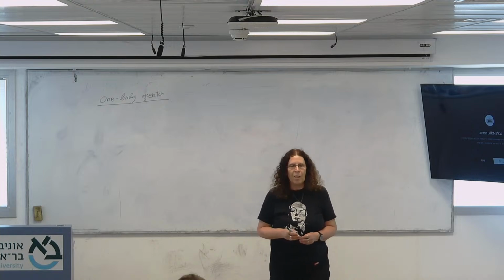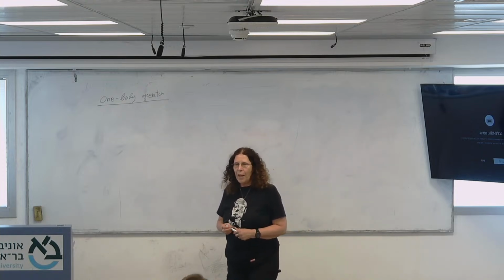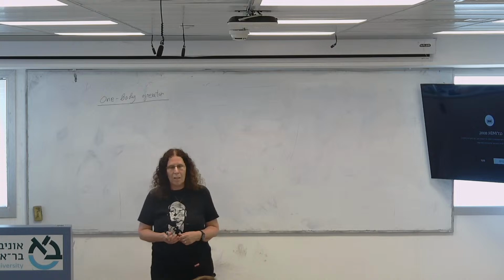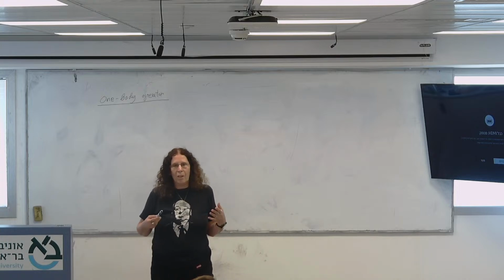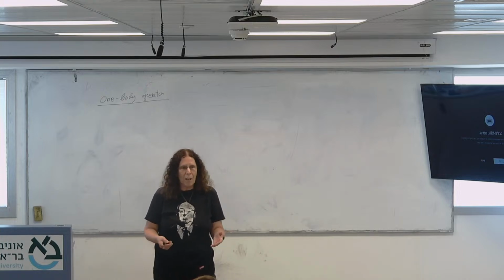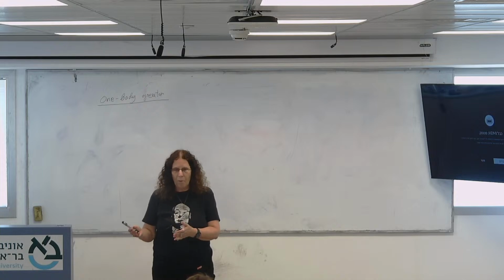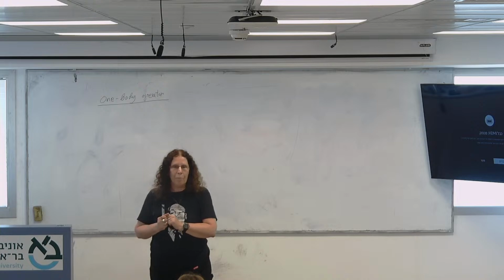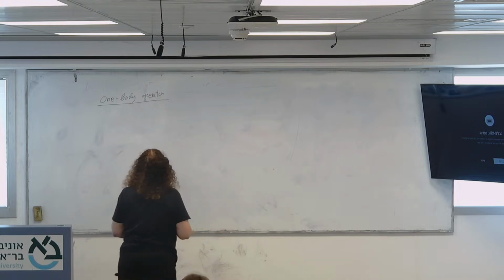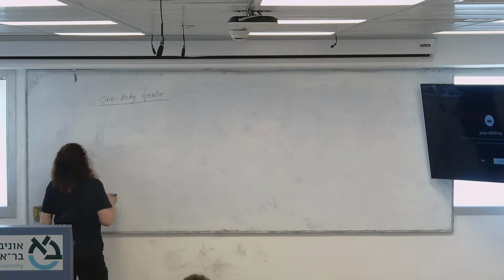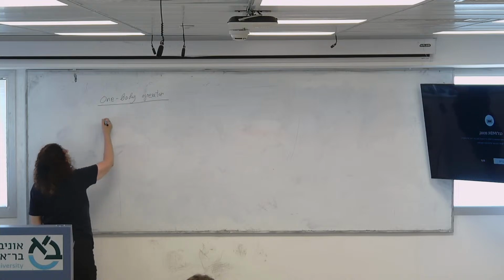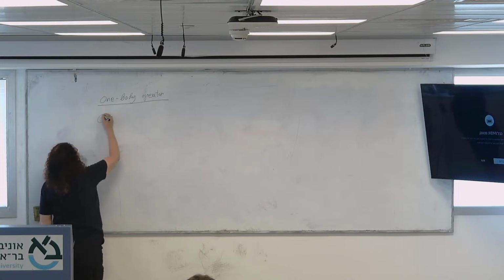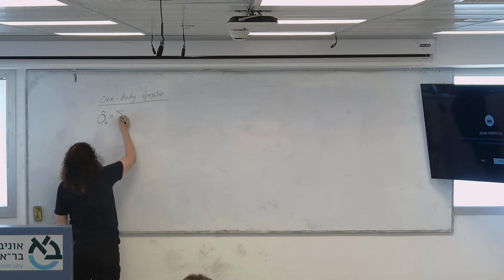So if it is applied on a state that has many particles, usually what it gives is just a trivial sum over contributions from each particle individually. Okay? That's a one body. And the most general form to write it is in the following way.